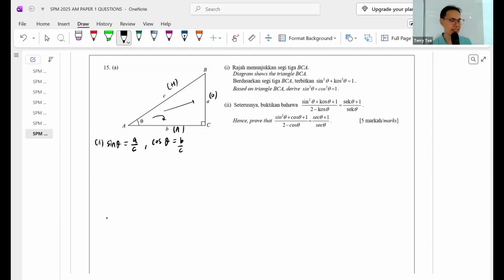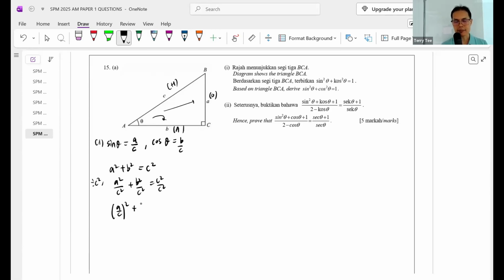Okay, how can I link them together? Now we know using Pythagoras, everybody, A squared plus B squared is C squared. So I just divide everybody by C squared. So A squared over C squared, B squared over C squared, C squared over C squared. Can you combine them?